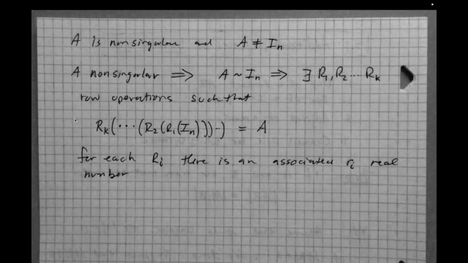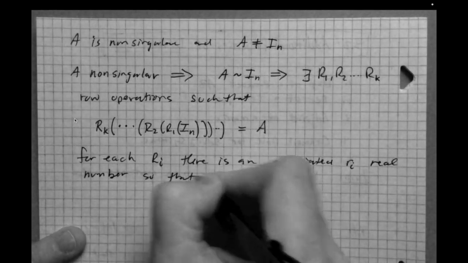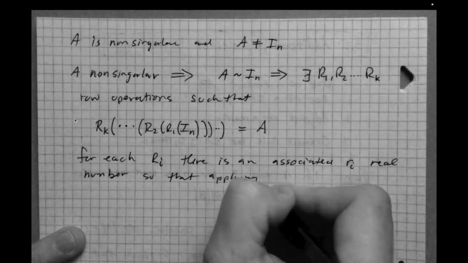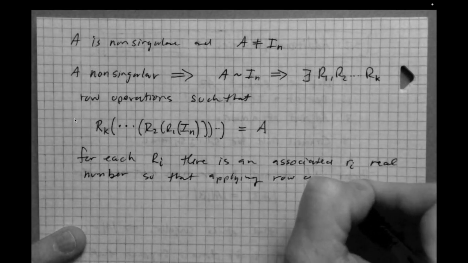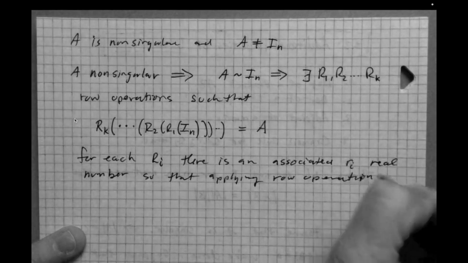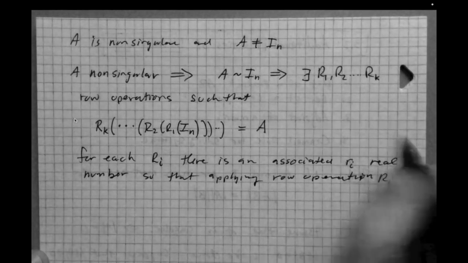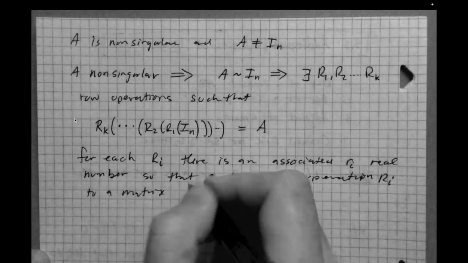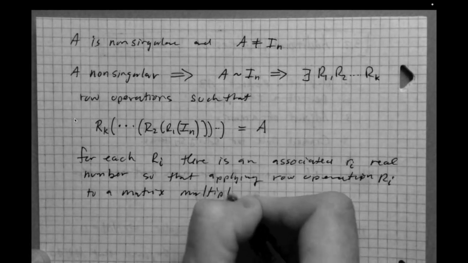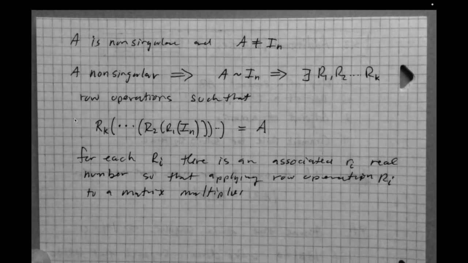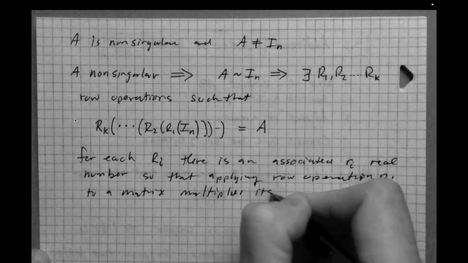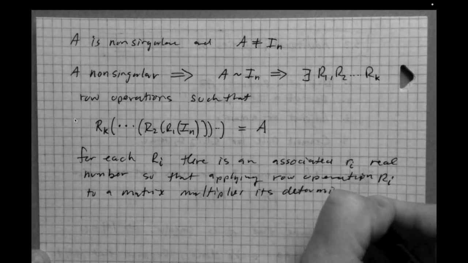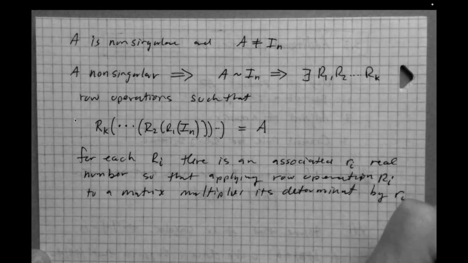Right, so for each Ri, there is an associated real number, little ri, so that applying row operation Ri to a matrix multiplies its determinant by little ri.